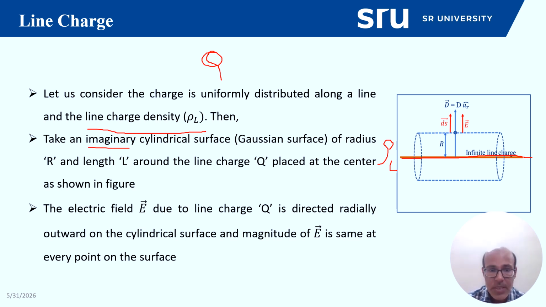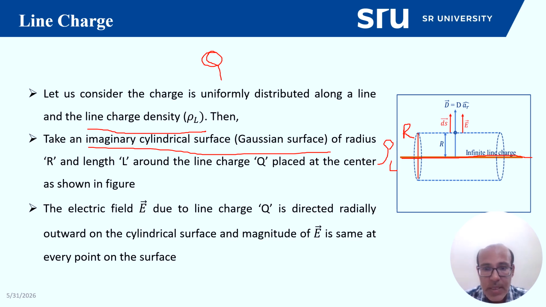Why a cylindrical Gaussian surface? If you take a cylinder and, exactly at the center of the cylinder, you imagine a thin wire passing, then that thin wire is exactly at the center, and the radius of the cylinder is r. There is equal distance on all sides, so it is symmetrically distributed.